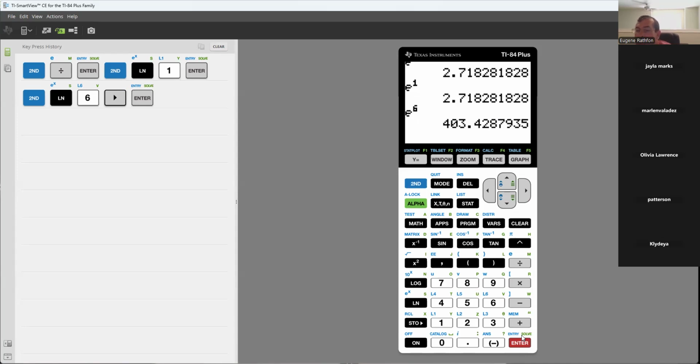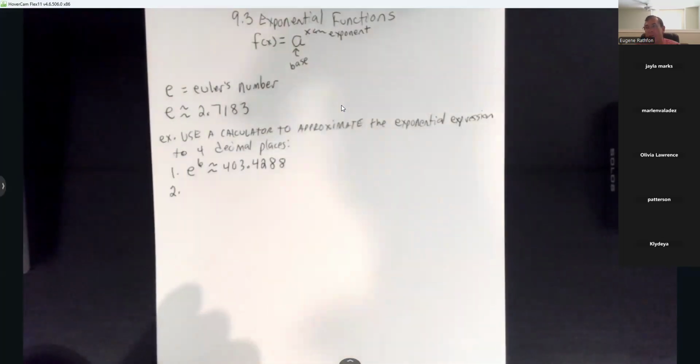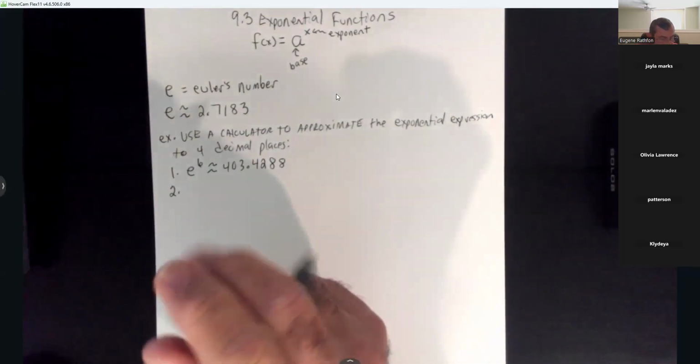The fourth decimal place is a 7, but y'all, that's got a 9 behind it, so we're going to round that 7 up into an 8. So that would be 403.4288. So in this section, they're really big on rounding stuff off to 4 decimal places, okay?